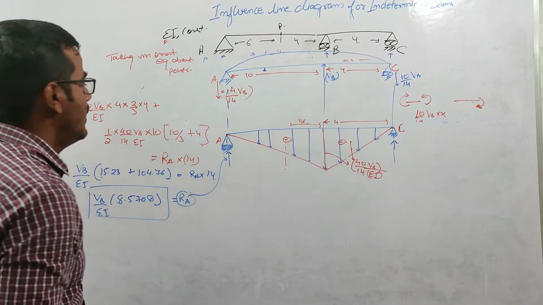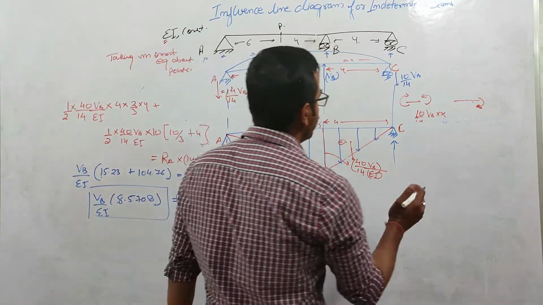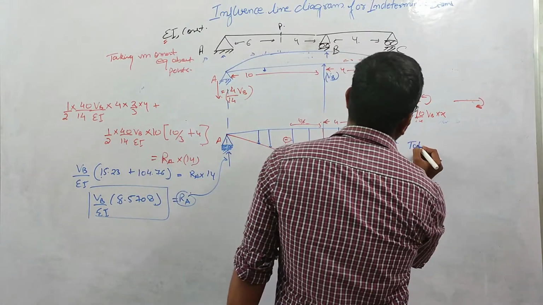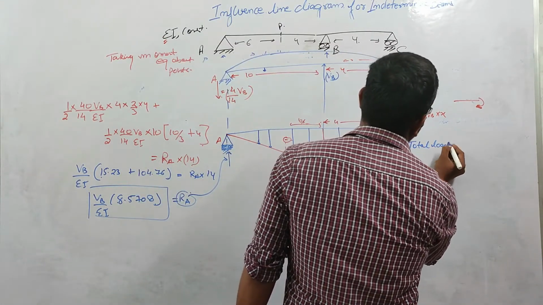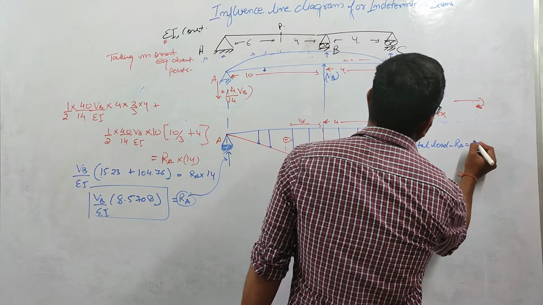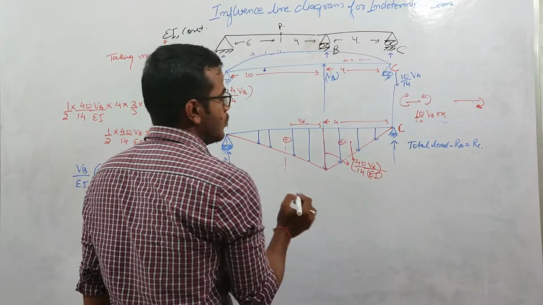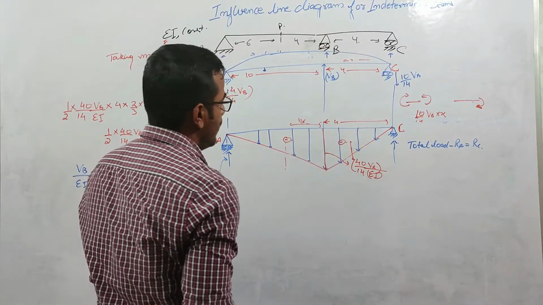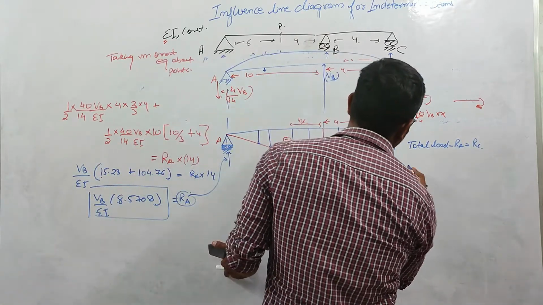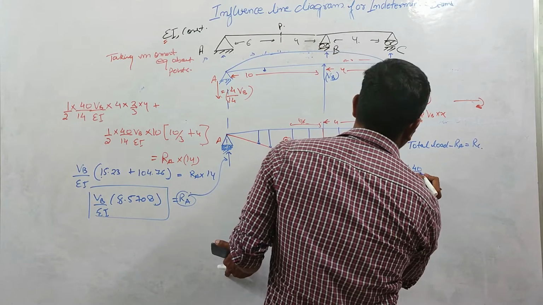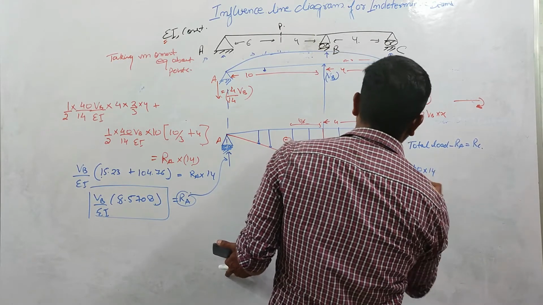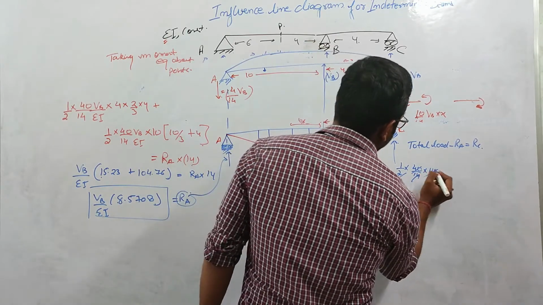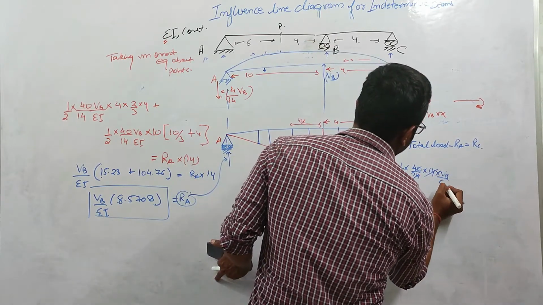Now we need to find what RC is. RC I can write as total load minus RA equals RC. So what will be the total load? The total load will be the area of this whole complete thing. So the area will be half into 40 over 14 into 14, into VB over EI.